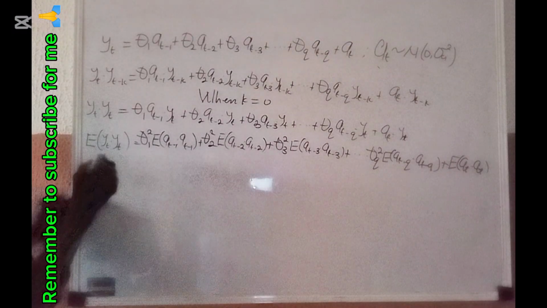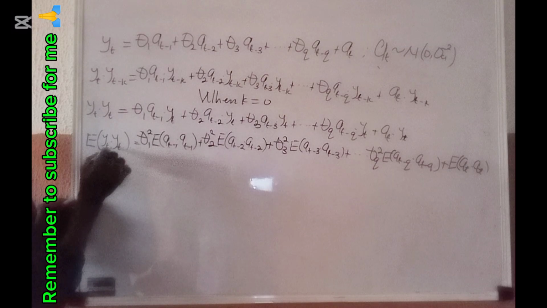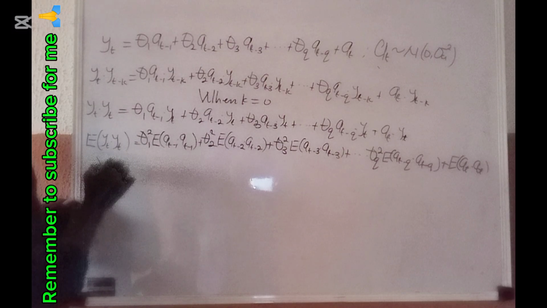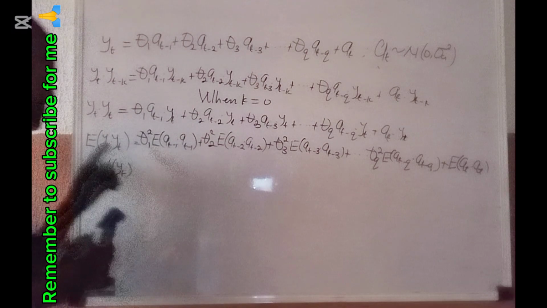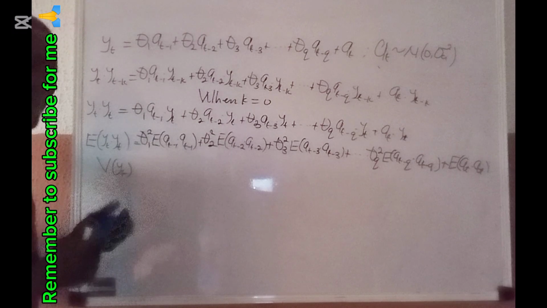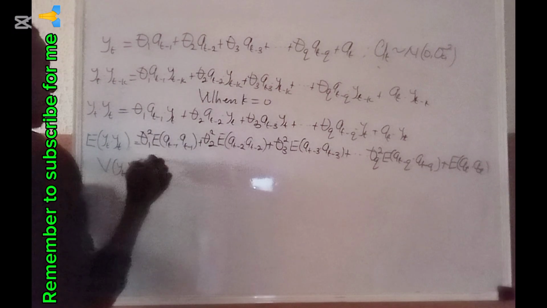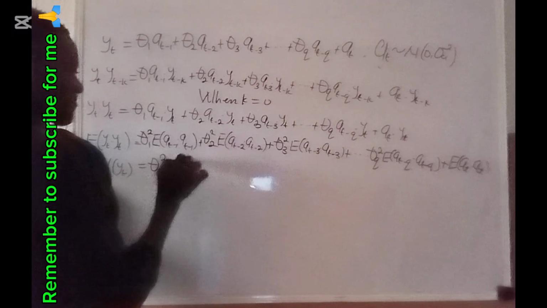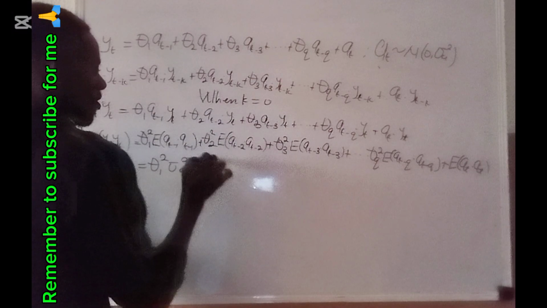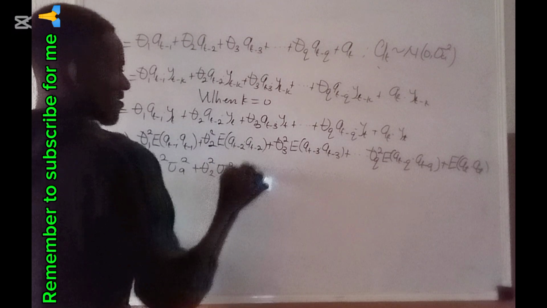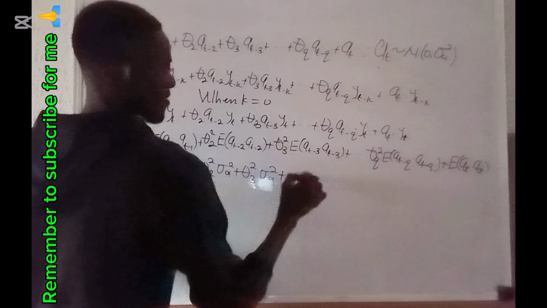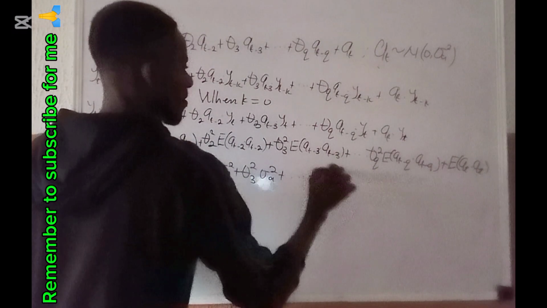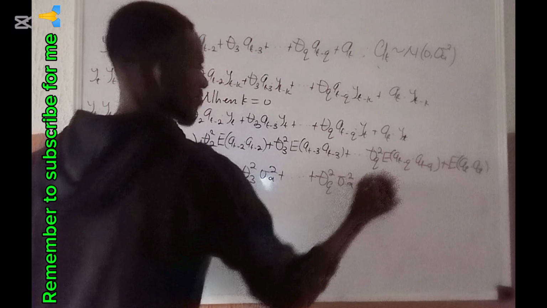So in that case, what I'm going to have here is what we call the variance. So here becomes V of y of t, because the expected value of the series at the same time lag will give you what we call the variance. So this will now be theta 1 all squared sigma squared of a, plus theta 2 all squared sigma squared of a, plus theta 3 all squared sigma squared of a, plus dot dot, plus theta q all squared sigma squared of a, plus sigma squared of a.